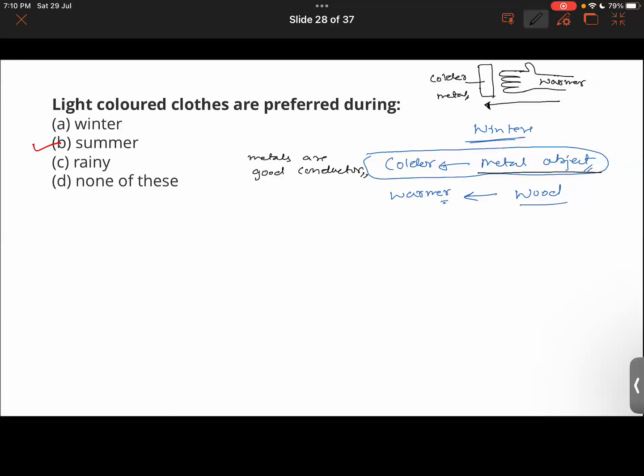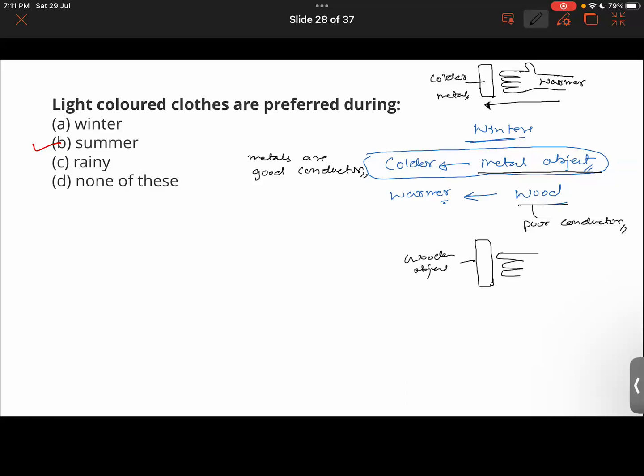While on the other side, the wooden object is a poor conductor, and we know that it does not allow heat to pass through it easily. So it does not allow the heat of our hand to escape, and hence it feels warmer to touch. Let's take a wooden object here, and this is our hand.